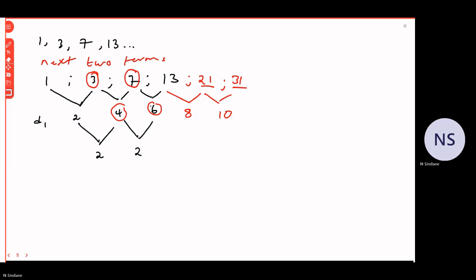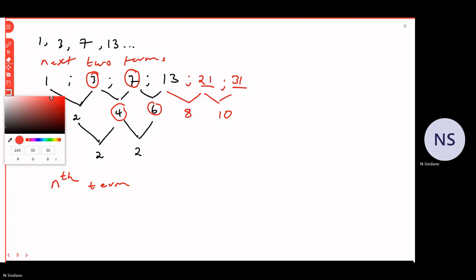Easy as that. Now the next question, they want you to identify the nth term. By now you know what an nth term is, right? In this case, remember that this represents my second common difference. This is D2, that is D1, the whole pattern.